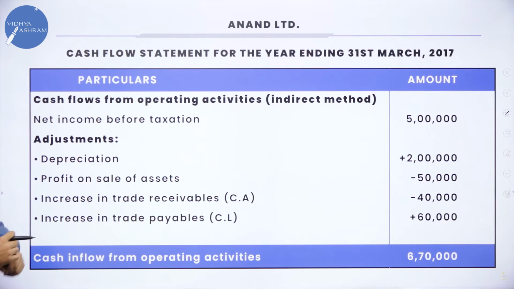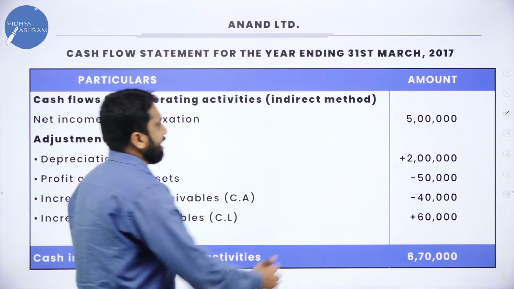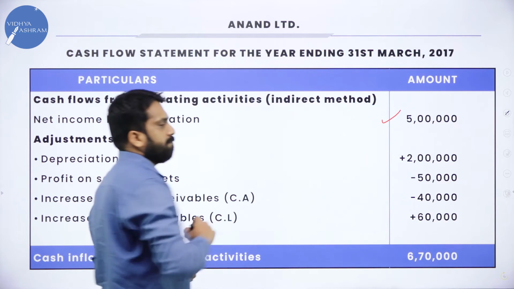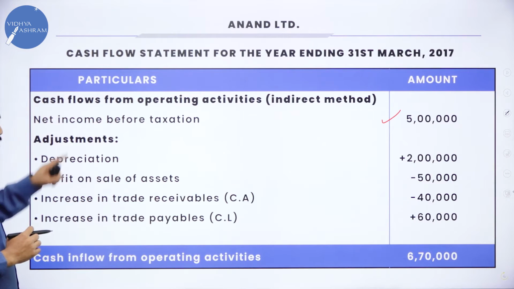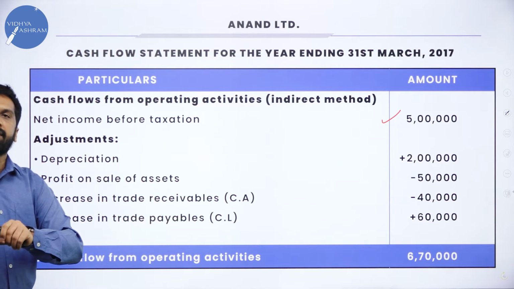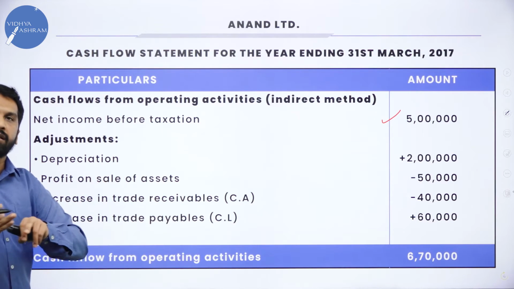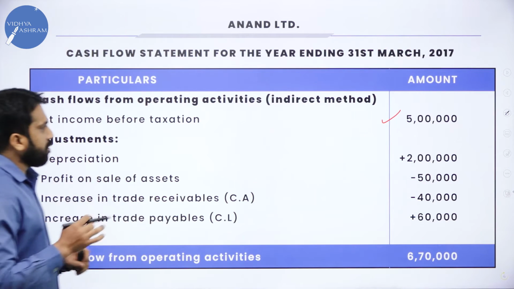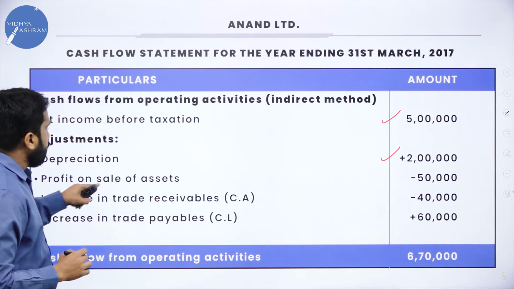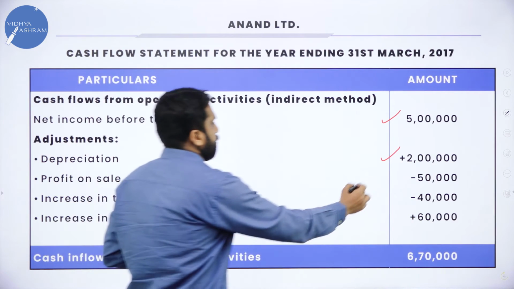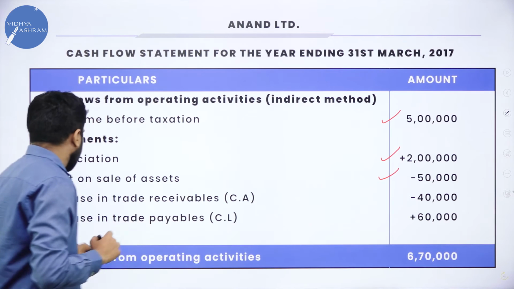So, this will be your answer. As we discussed, net income before taxation is 5 lakh. Now, these are the adjustments given in your question. Depreciation, add. Profit on sale of asset, minus.